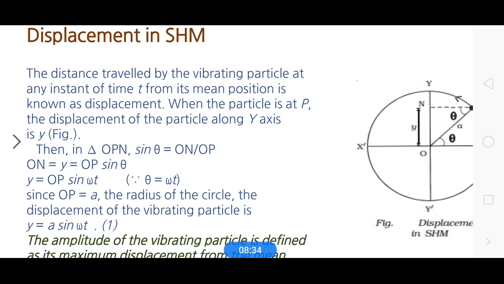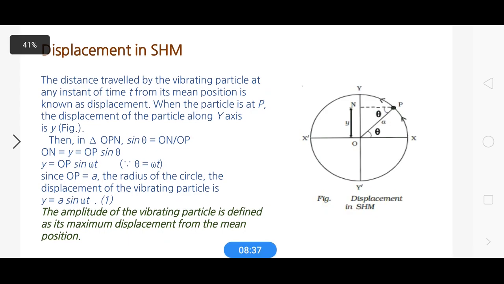Then from the triangle OPN, sine theta is equal to ON by OP, that is opposite by hypotenuse. So ON is equal to OP sine theta.